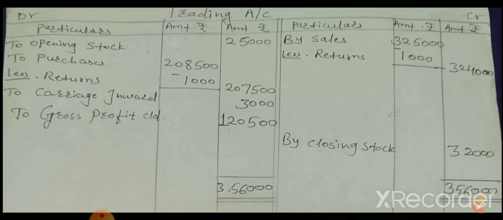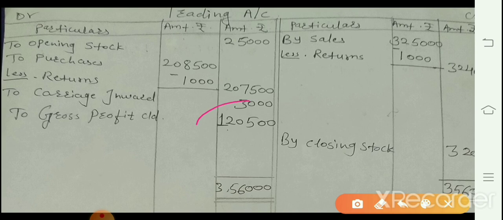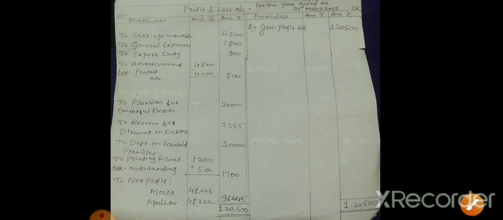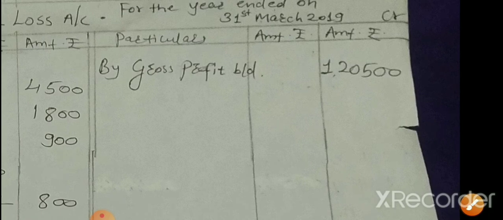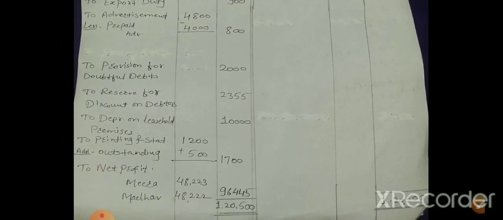Now see, we will close the trading account, do the total of both the sides, and find out the balance. The remaining amount will be our gross profit, as in this problem the credit side is greater than the debit side. So the total of the credit side we have written on both the sides, and our gross profit is now 1,20,500. We have brought forward this gross profit to the profit and loss account's credit side, 1,20,500. Then at last we did the total of both the sides.